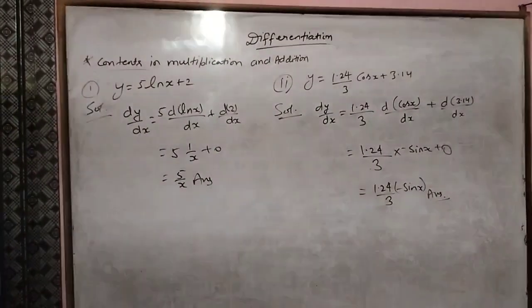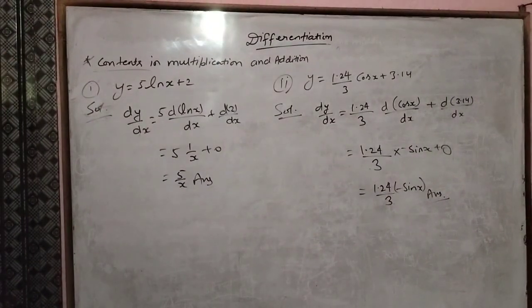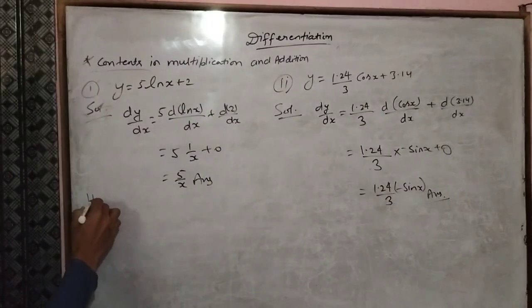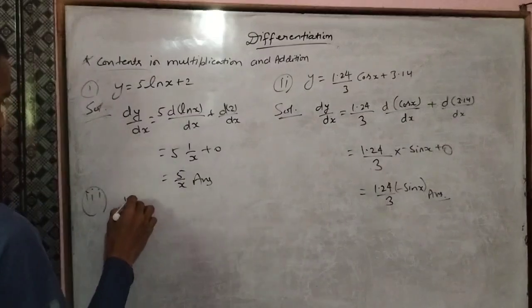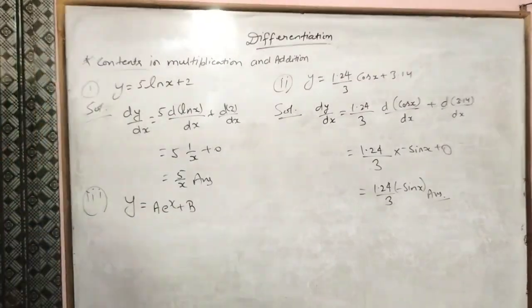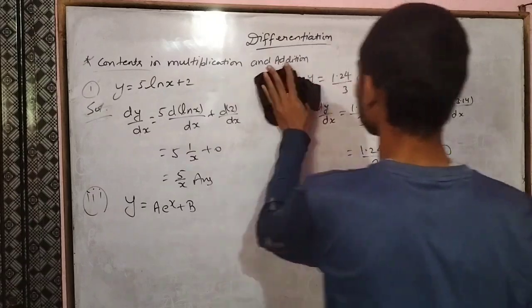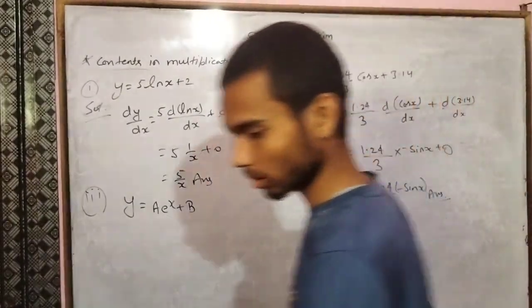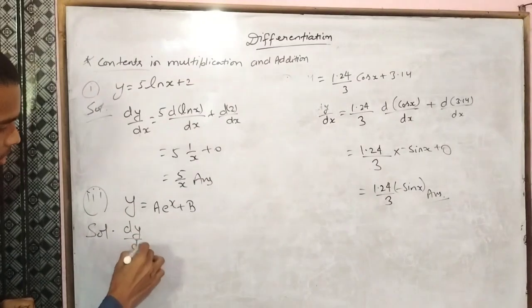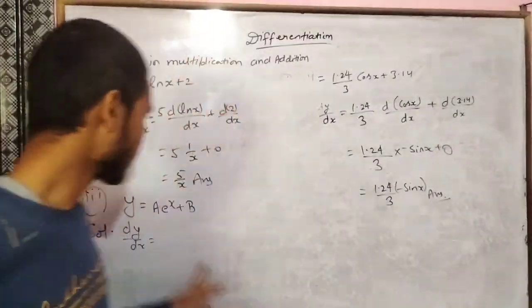Now let's take next. y equals ax plus b. Here a is a number, and b is a number.